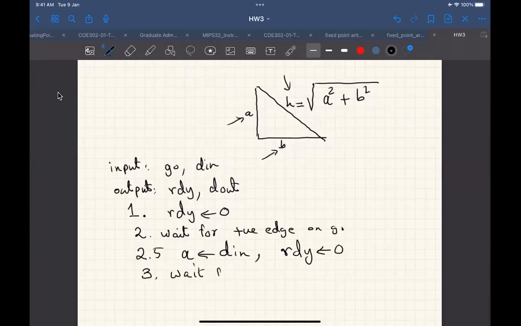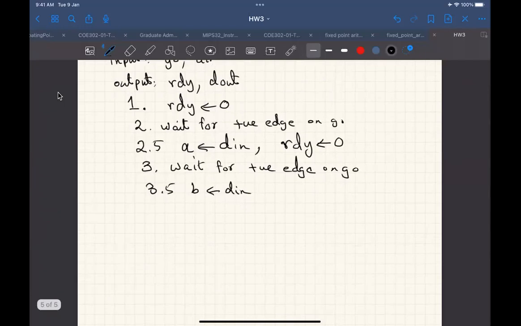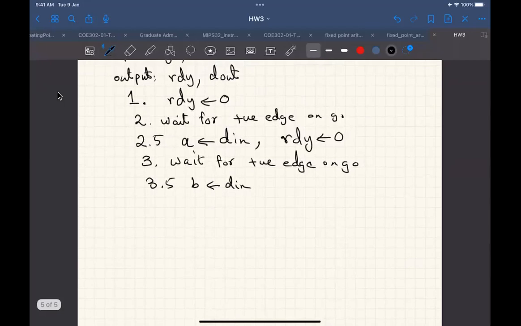Wait for a positive edge on go, and then at 3.5, what do I do? I read B, from DN. Now I have read B and A, and I'm ready to calculate H.